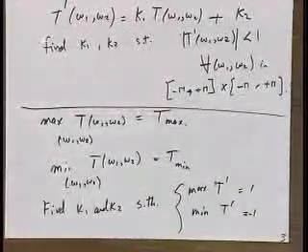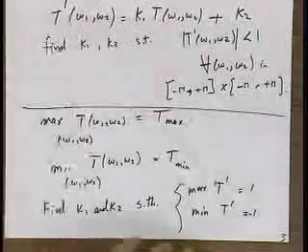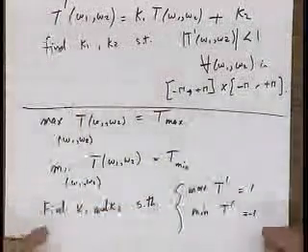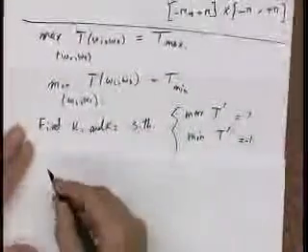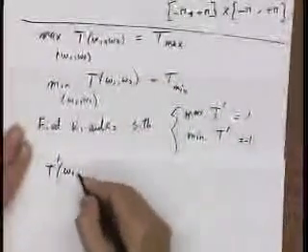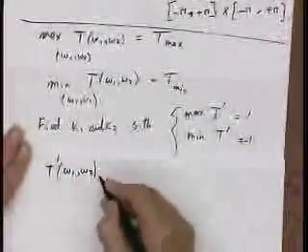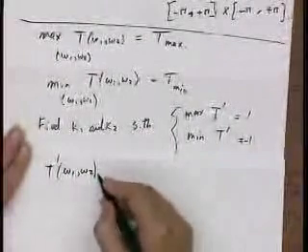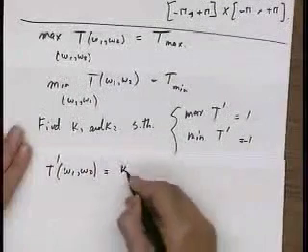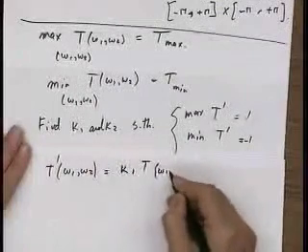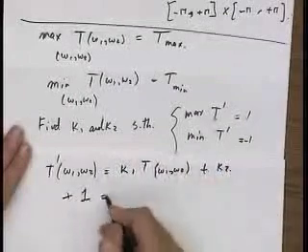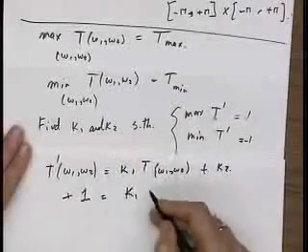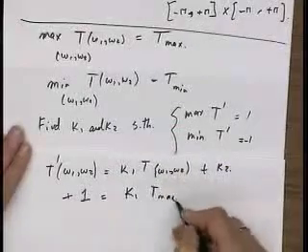And so what does this imply? Well, if you can roll up a little bit, what it would imply is that you want t prime of omega 1 and omega 2, which is given by k1 times t of omega 1 and omega 2 plus k2, to be equal to plus 1 at k1 t max plus k2.